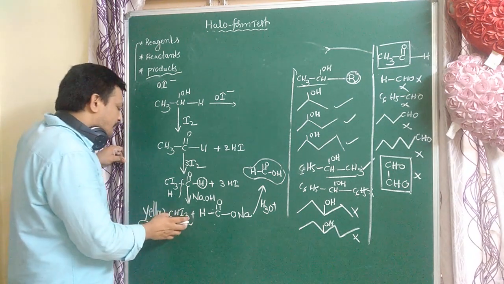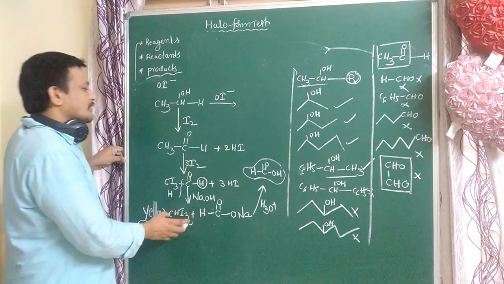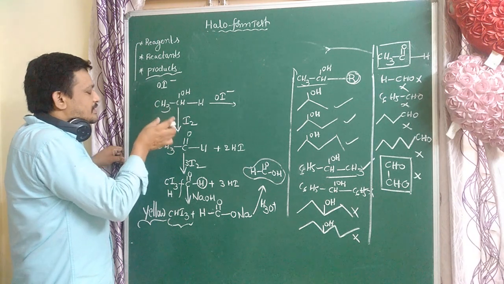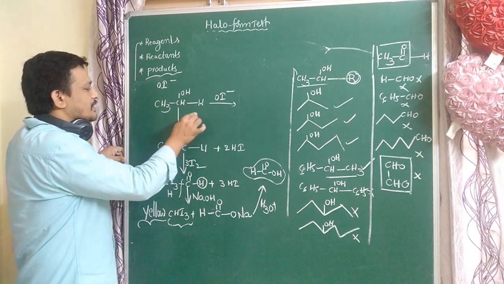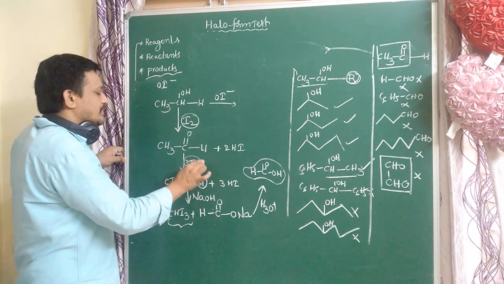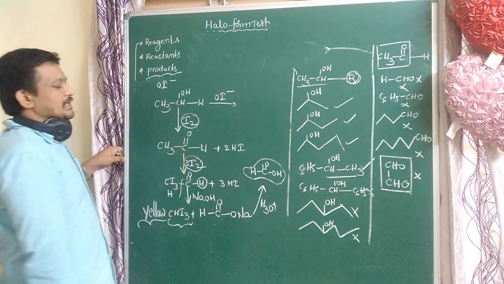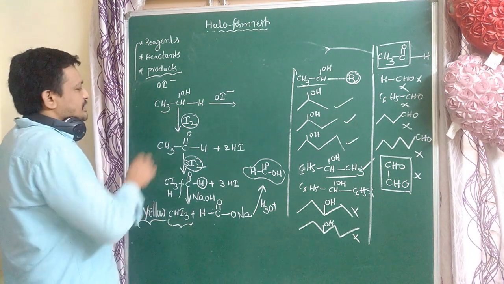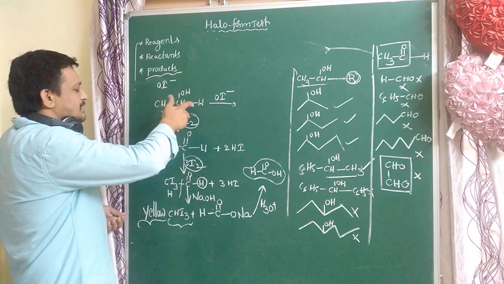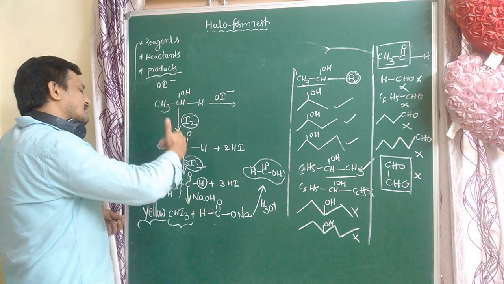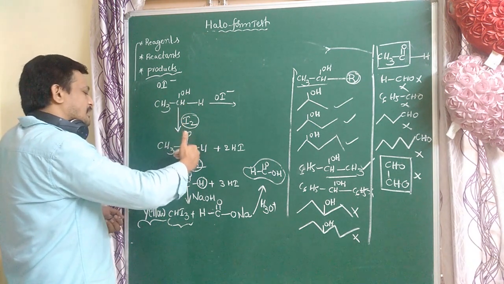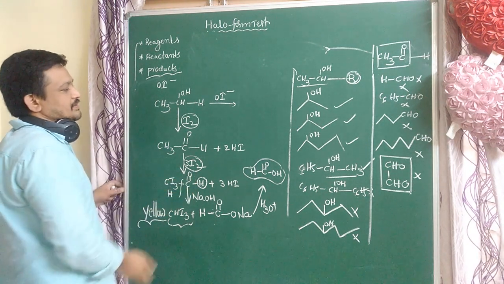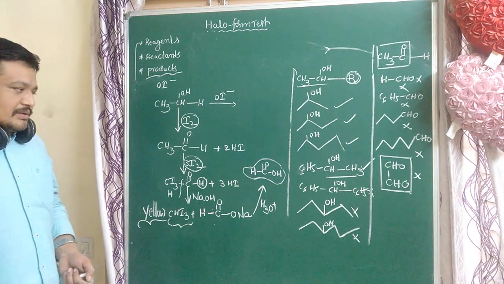So 1 mole of iodoform is formed from 1 mole of ethyl alcohol, and 4 moles of halogen are required in this reaction. That is very important. The first step is oxidation, the next step is halogenation, and the final step is hydrolysis.